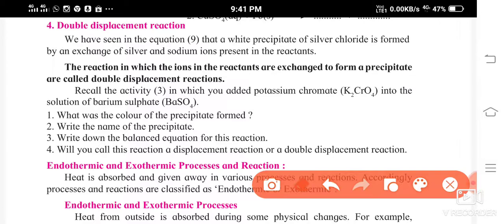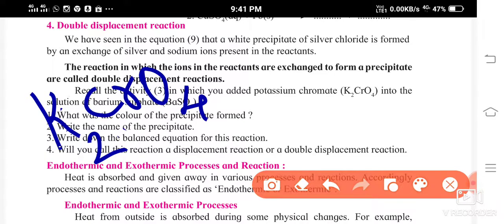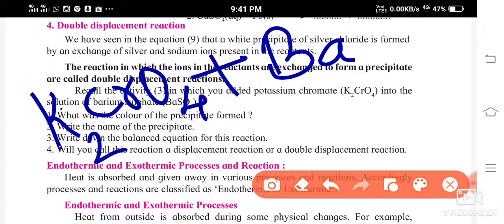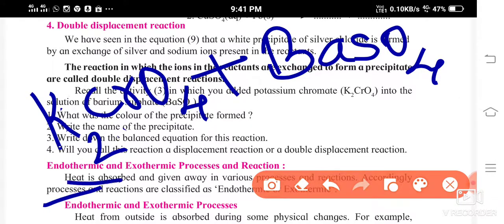K2CrO4, plus barium sulfate, BaSO4, will form a double displacement.